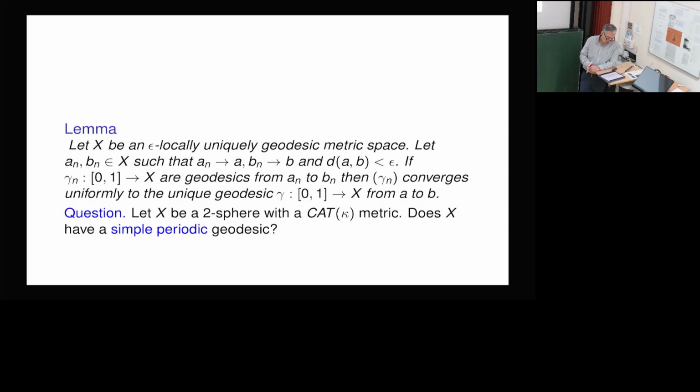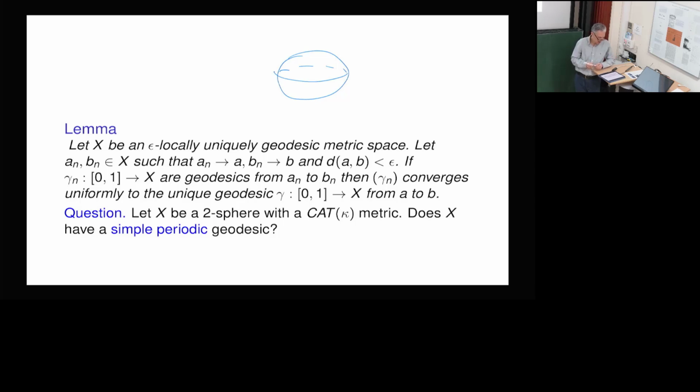But there is a question which I find surprising. It's known that if you have a manifold, if I have a sphere, then there is actually a simple periodic geodesic. But now let's say I forget my analysis and I do CAT(K), or even worse, just geodesic.